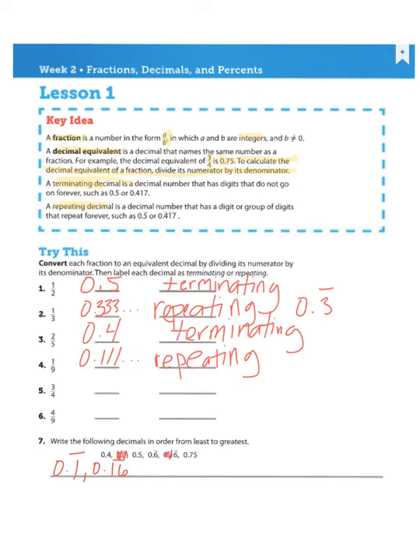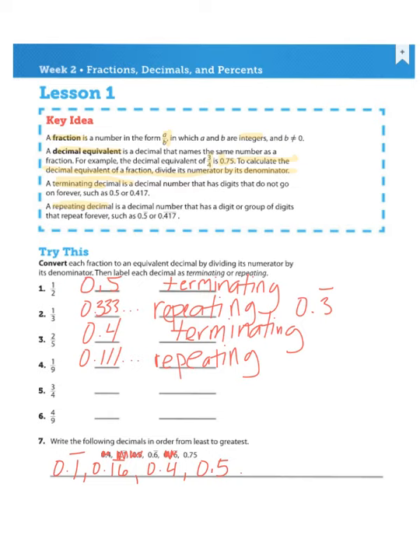So we're going to cross that off. So I have 0.4, 0.5, 0.6 repeating, and 0.75. Well, I know that 4 comes after 1 and before 5, so my next decimal would be 0.4, and then 0.5. So we're going to cross those off.